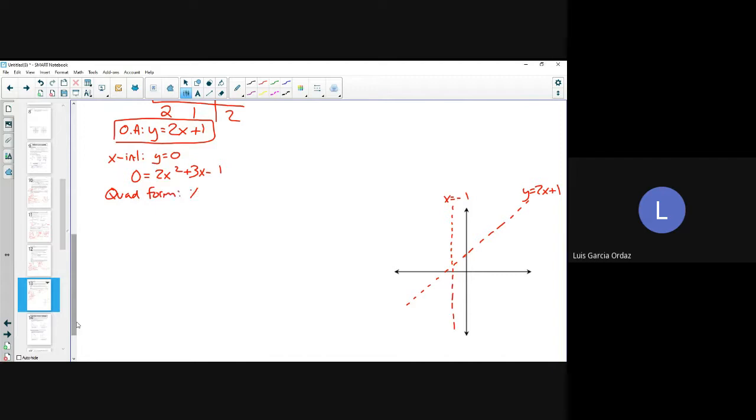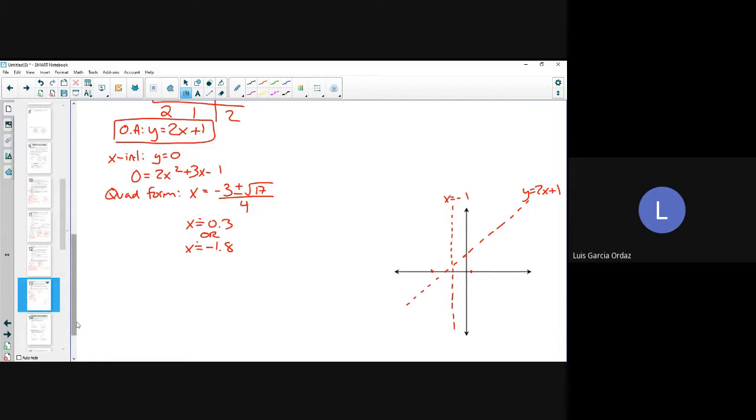So I get x is equal to negative 3 plus or minus the square root of 17 all over 4. So I get x is equal to about 0.3, or x is equal to approximately negative 1.8. So I get over here, negative 1.8 somewhere here. And I get 0.3, which is somewhere here.